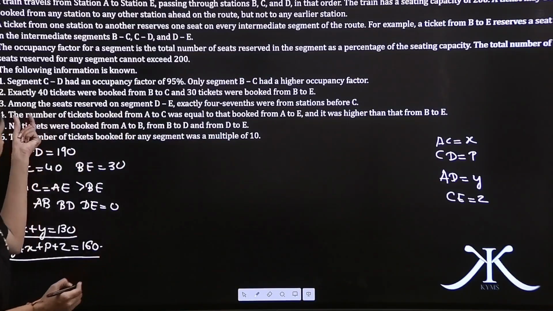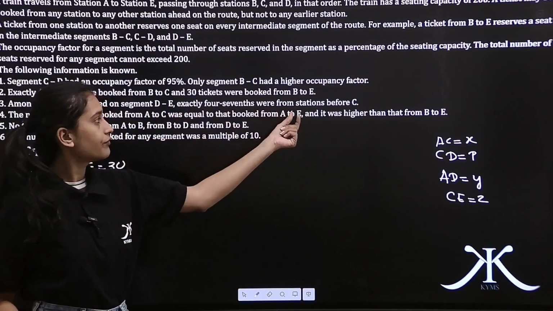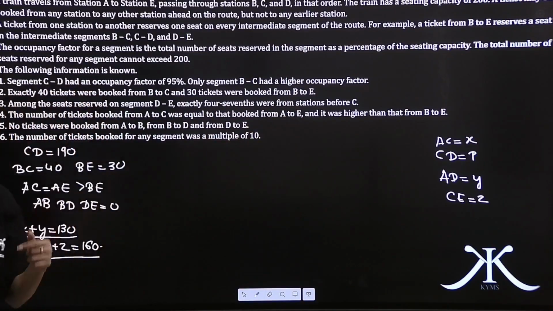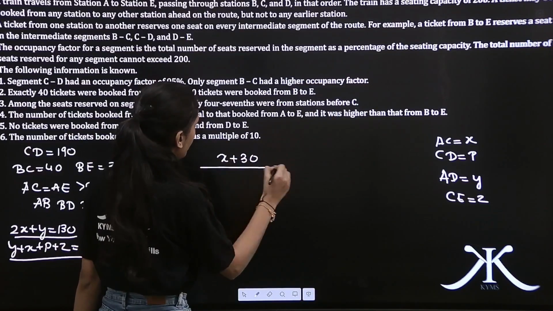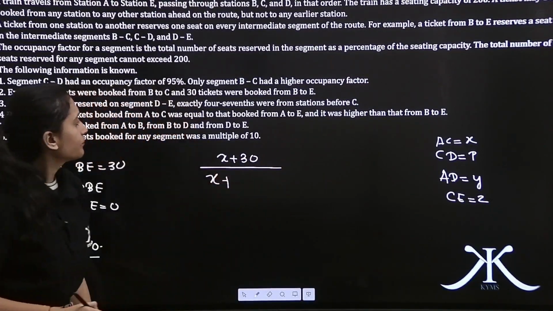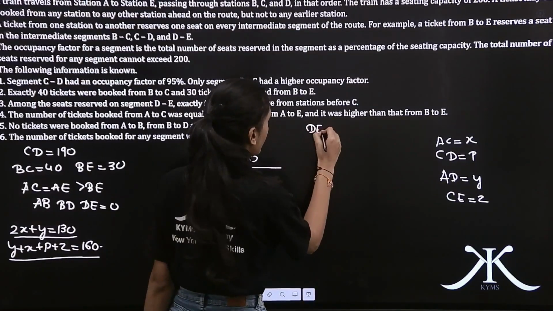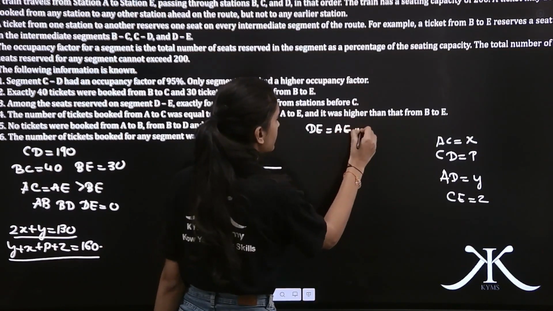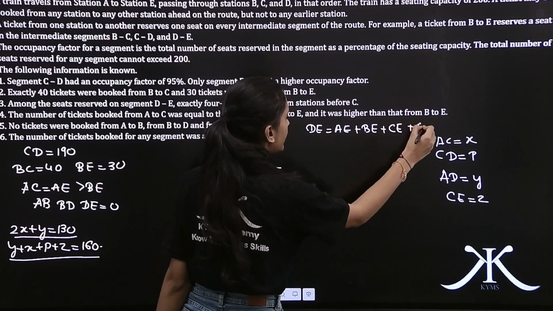We have been told that among the seats reserved on segment DE, exactly 4/7 were from stations before C. So for DE, we have AE plus BE plus CE plus DE.